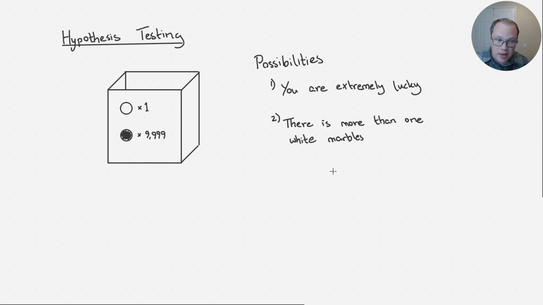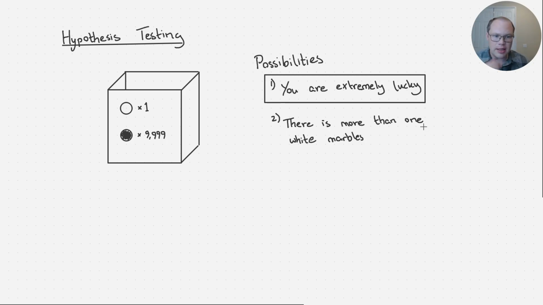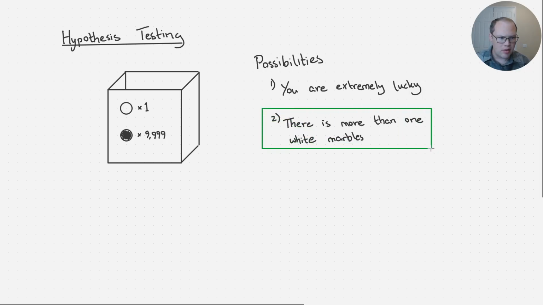And as you think about it, you might say, well, gee whiz, I don't think I'm that lucky. There's a 1 in 10,000 chance that I would get that one white marble. I don't think I'm that lucky. And if you're not that lucky, what does that leave? That means that there is more than one white marble.